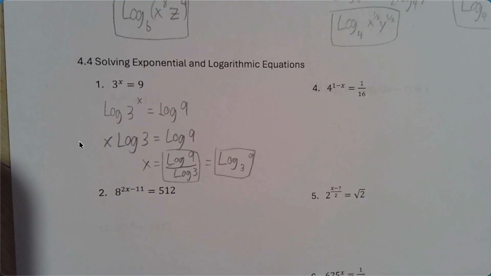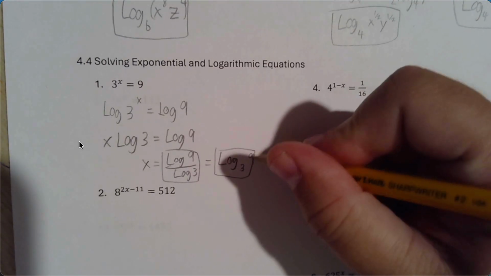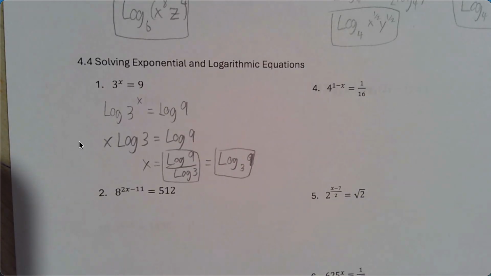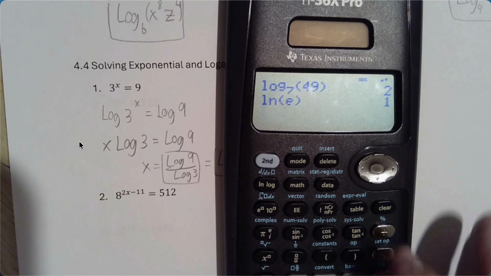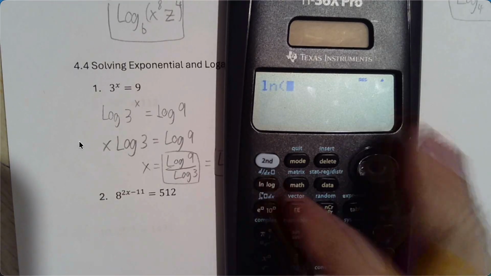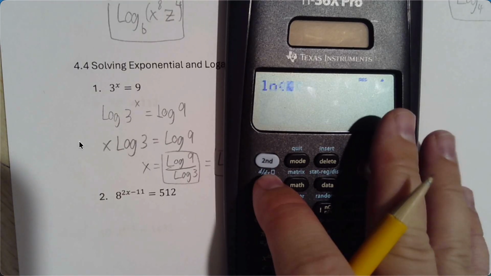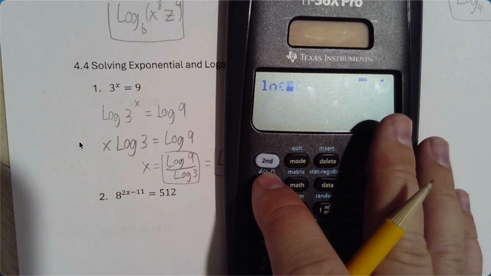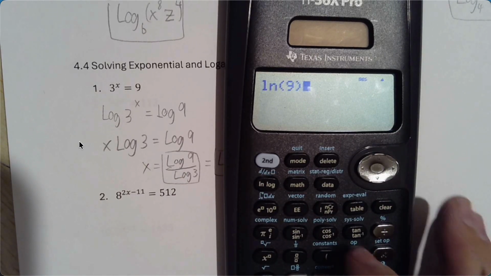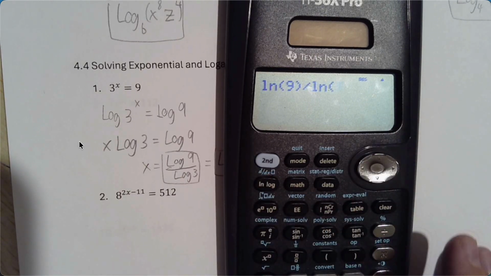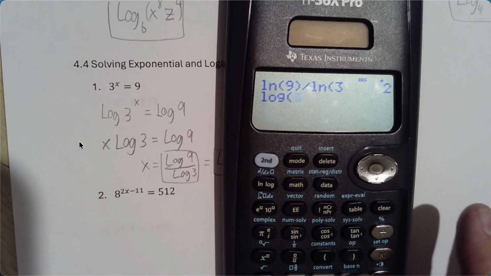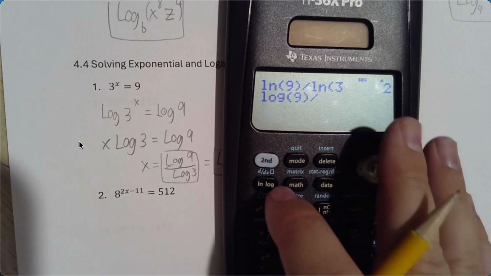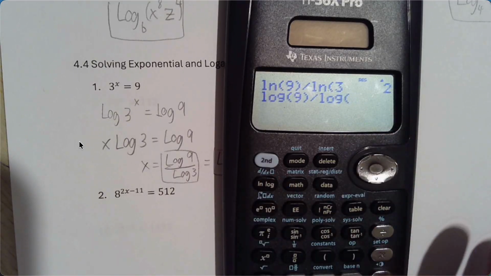What I'm highlighting here is, again, just the two different ways you can type things in your calculator. Even just to prove it, I could type in ln of 9 divided by ln of 3. I still get 2. I could type log of 9 divided by log of 3, which gets me 2.